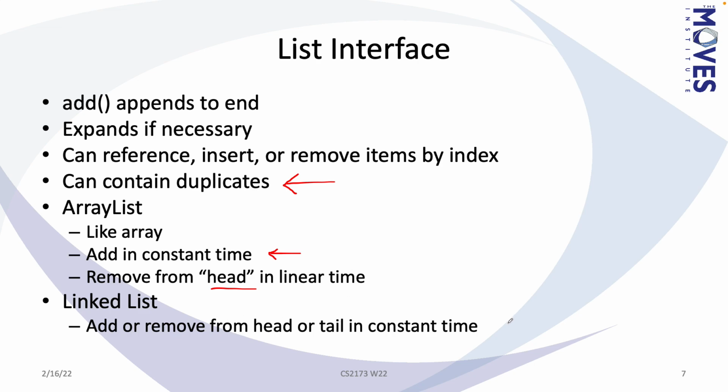Whereas a linked list, again, now since you know how a linked list works, we can add or remove from the head or the tail in constant time. You know why? Because if I want to remove from the head, then there's a reference to the first item.